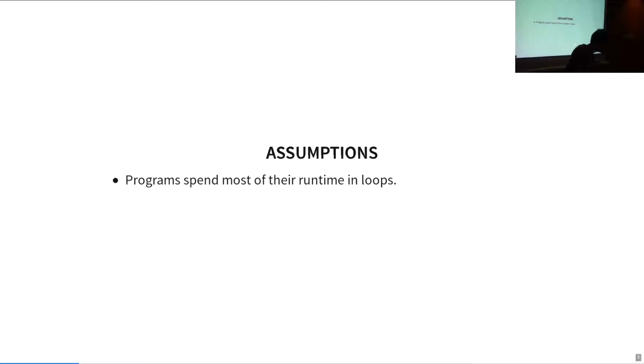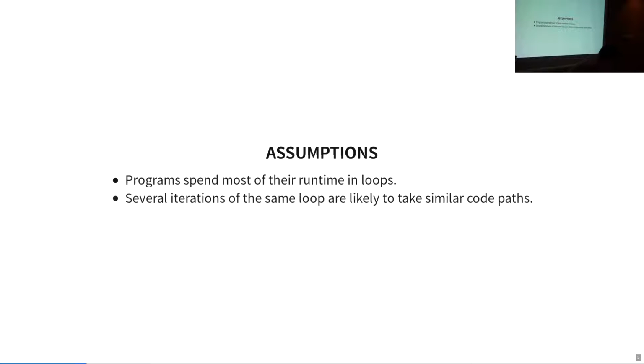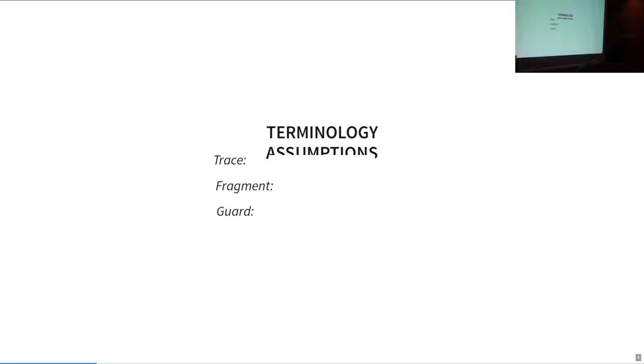The instructions inside the detected loops are recorded and then further compiled to native code. Another assumption is that the loops take a similar code path. To achieve performance, we need to execute the compiled native code instead of bytecode. So compiling once and never executing won't make a performance improvement.